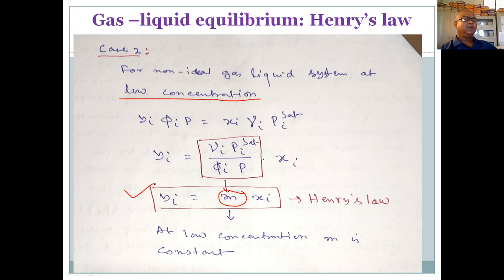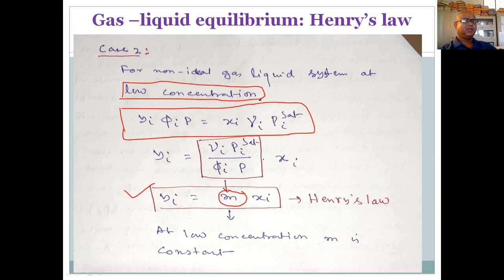Okay, so generally this is the actual thing in a gas-liquid system. But if both gas and liquid are ideal, then Raoult's law will be applicable, and Henry's law will be applicable at low concentration.